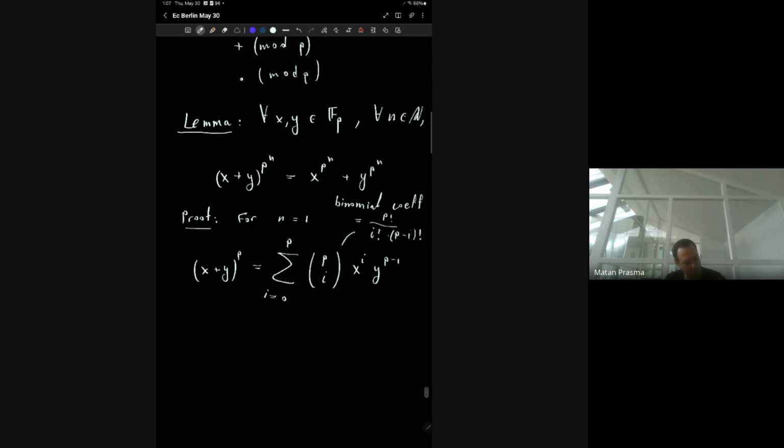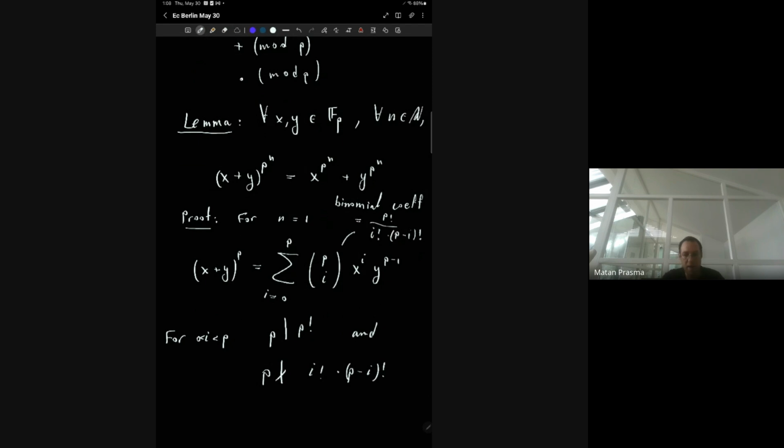Now, p clearly divides p factorial. And p does not divide i factorial times p minus i factorial, for i greater than 0 and smaller than p.